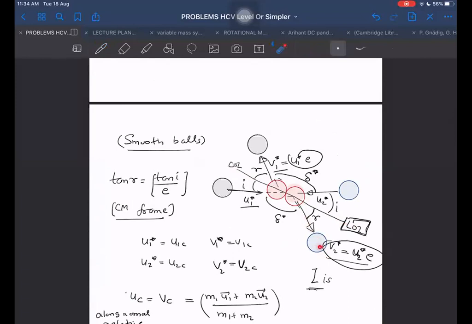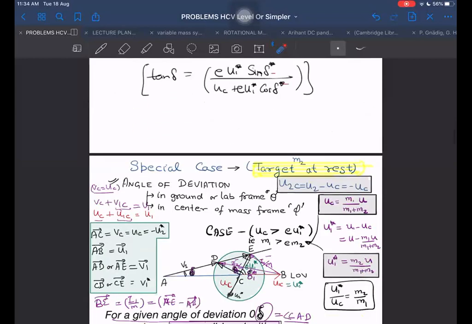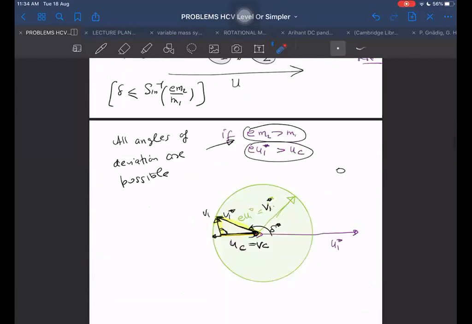So velocity is not in the direction of impulse in the frame of center of mass. Impact is felt in this direction, but velocity is in some other direction, right? So V2 star is not in the direction of impulse.